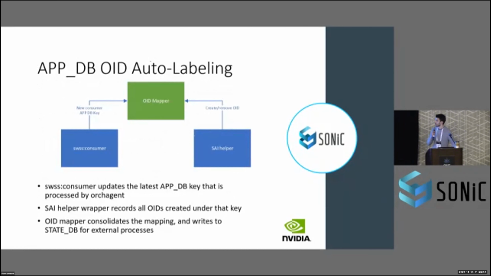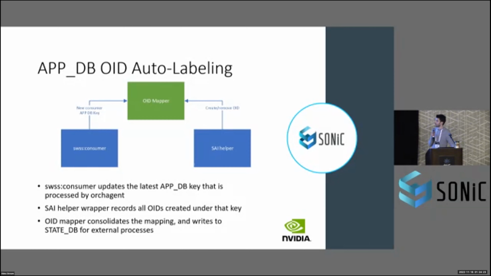Yeah. So this is kind of the essence of our work. We were trying to add FDB to SAI object ID auto labeling. So the key thing here is that we don't need to do any manual job for Orchagent itself. Everything is hidden underneath. So we are trying to marry two databases, basically FDB and ASIC DB, and provide some insight between them.